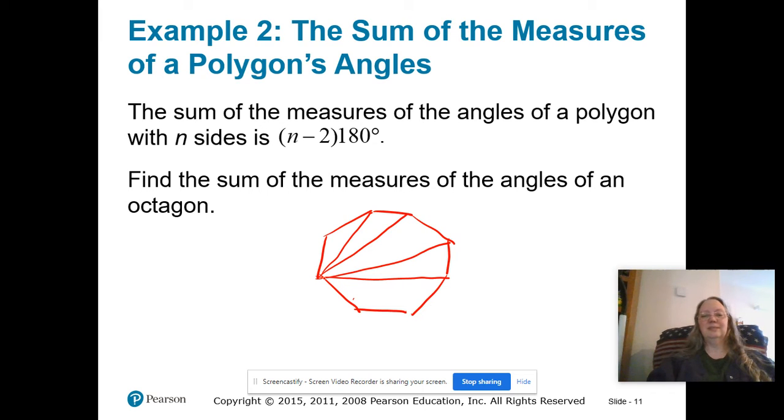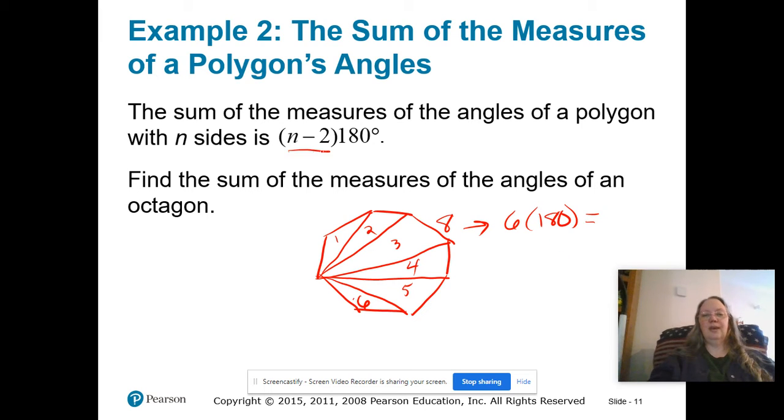Oops, this is an octagon. So now I have 6 of my 180 degree triangles, and notice I went from 8 sides to 6 triangles.